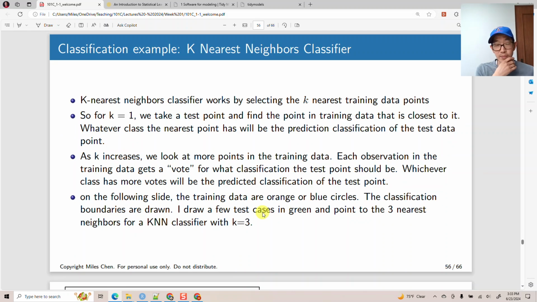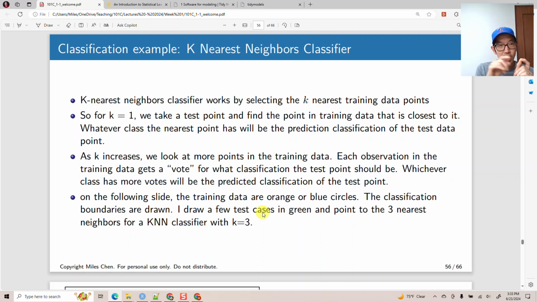So let's look at an example. We have a classification model called k-nearest neighbors. The way k-nearest neighbors works, and this is a non-parametric method, is that you take a test point and look for the points in your training data.